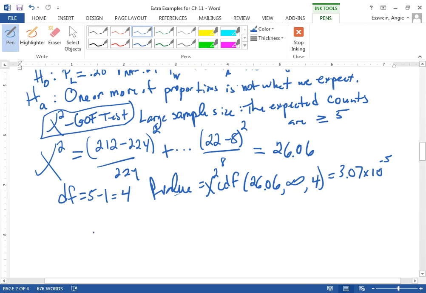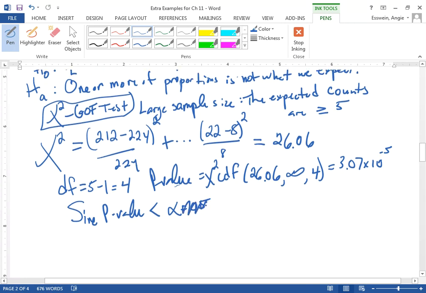So since the p-value is less than, we're going to assume alpha is 5%, unless it already said that. Less than alpha, we reject H naught.